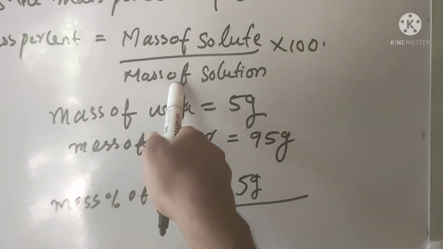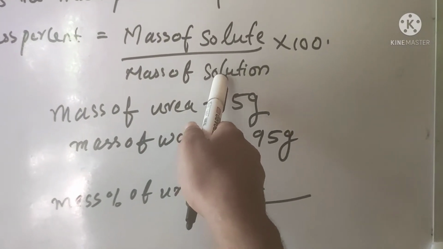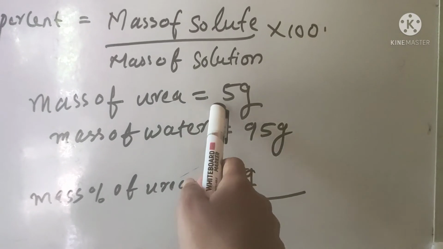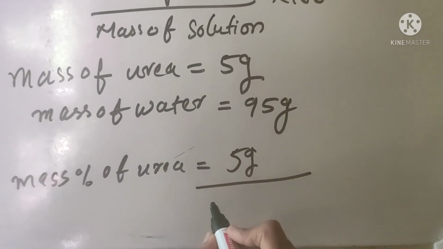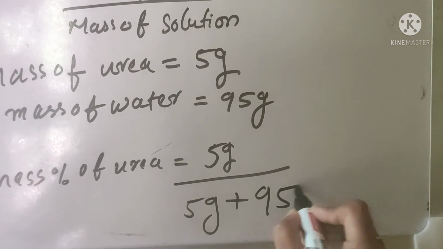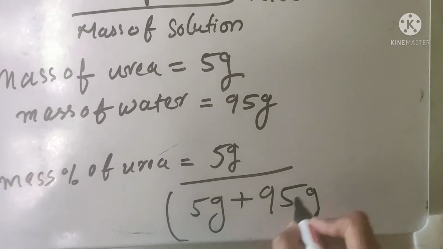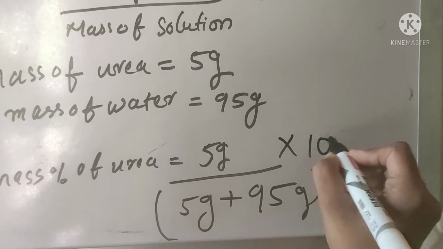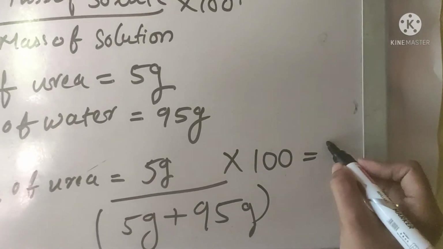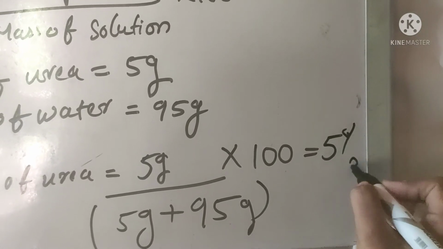Solute plus solvent is solution. Then what is the mass of solution? 5 plus 95. 5 gram plus 95 gram into 100. We get 5%.